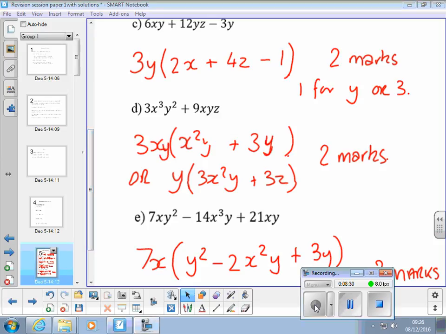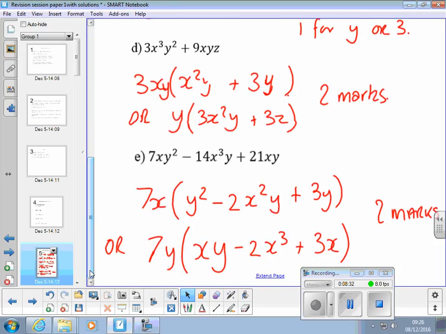And then the last one, 7x outside the brackets. Again, I think there's an argument for 7xy. You could have 7xy as well. So 2 marks for either of those. If you only had 7 or x or y, I'd just give 1 mark.